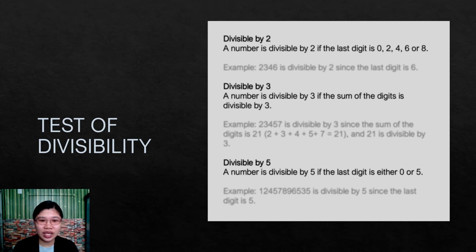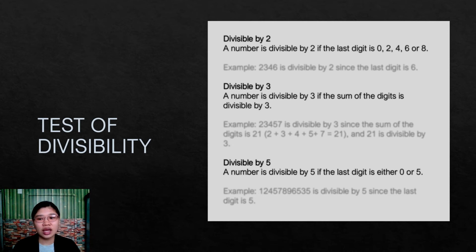So we have here now the test of divisibility. I included here the divisibility of 2, 3, and 5. A number is divisible by 2 if the last digit is 0, 2, 4, 6, or 8.